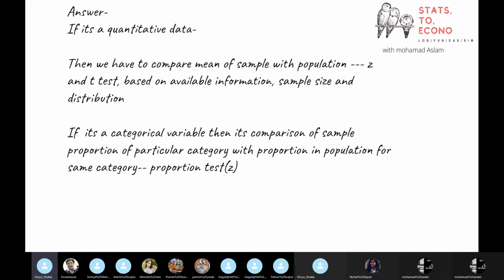Then we have to compare the mean of the sample with the population. Then we have to apply Z and T test based upon the available information, sample size, and distribution. And second, if it's a categorical variable, then it's a comparison of the sample proportion of a particular category with the proportion in the population for the same category. Then we have to apply the proportion test, that's a z-test.